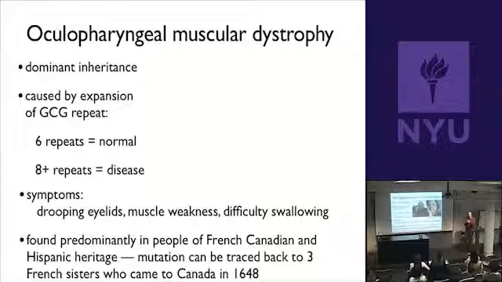Okay? And this particular disease can be traced back to 3 French sisters who came to Canada in 1648. Okay, that's quite a remarkable combination of genetic analysis and historical analysis to pinpoint the origin of a disease.